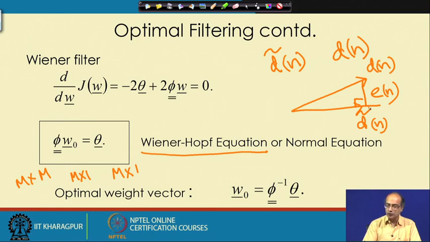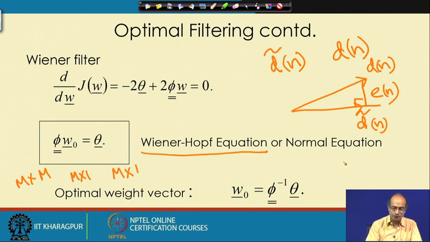Okay. So, that is why we call this equation the normal equation. That means the prediction and the error would be normal to each other at this condition, and that is how the name normal equation came.